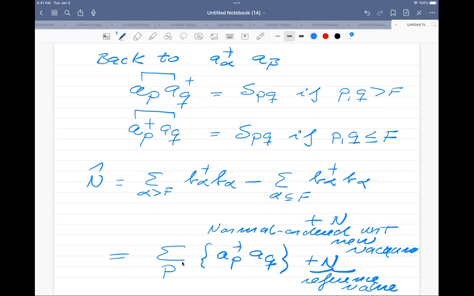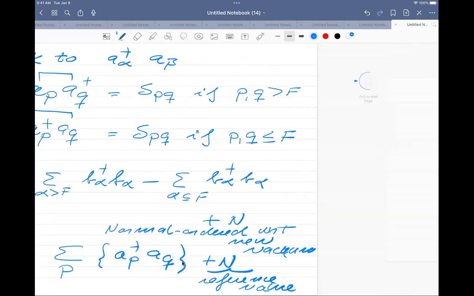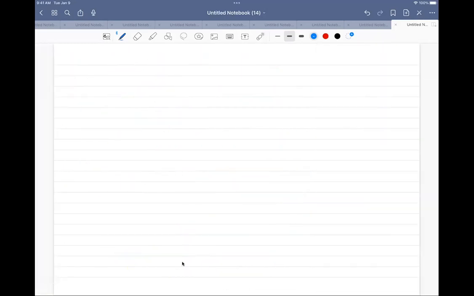Now, let's calculate something with this new operator. When I look at a state like this alpha beta, which we defined earlier, it is now going to be rewritten, and this is a notation I will keep using. There's going to be a hole state here, and a particle state here. This is defined with an A dagger, so I create a particle above the Fermi level, and then I take away one particle below the Fermi level.